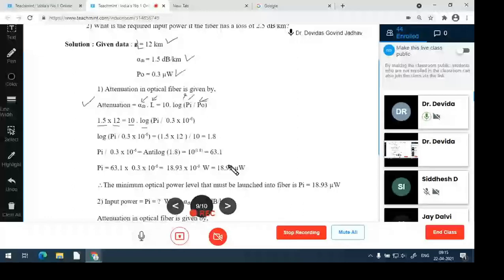All is substituted. So log of Pi upon 0.3 into 10 raised to minus 6 equals 1.5 into 12 divided by 10, the 10 taken to this side.